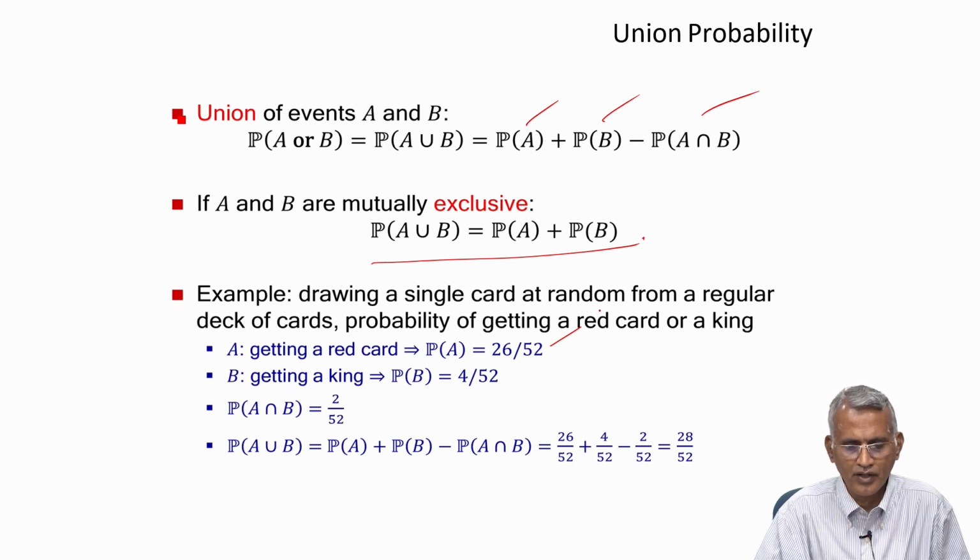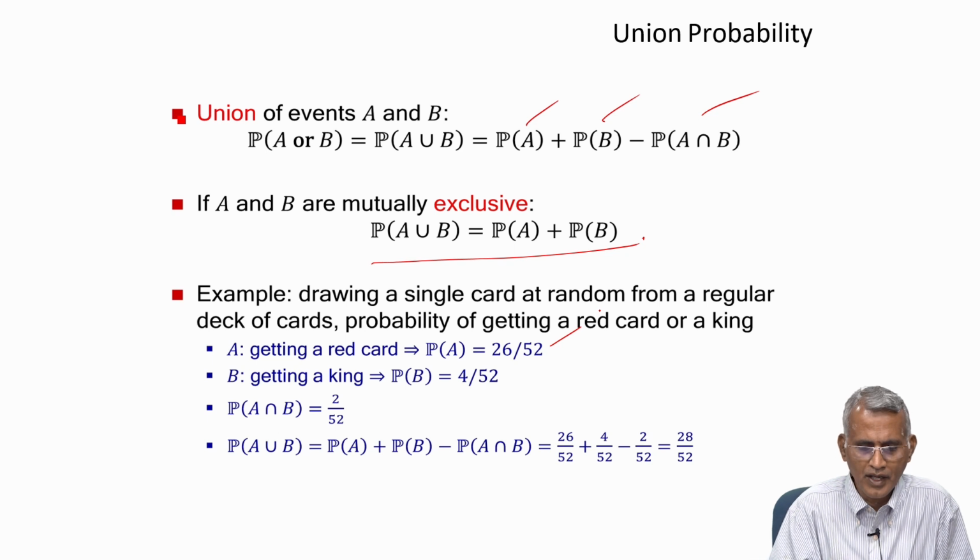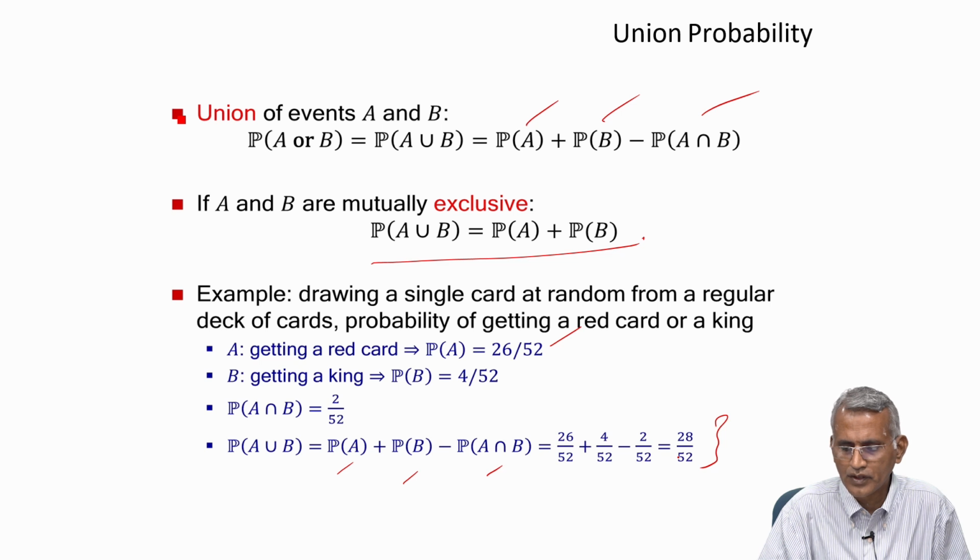Now, the probability of A union B equals the probability of A plus the probability of B minus the probability of A intersection B. Substituting the values, 26 plus 4 minus 2 equals 28 by 52, that is the answer for getting a red card or a king.